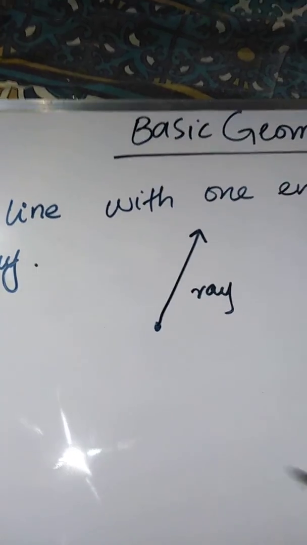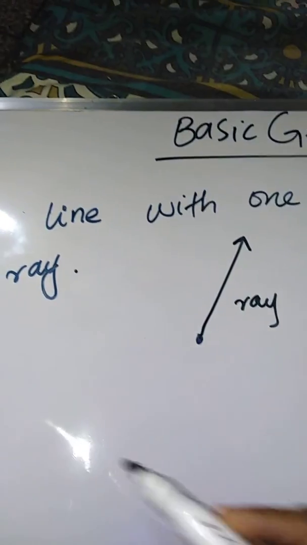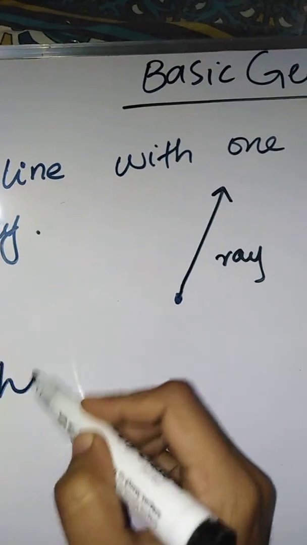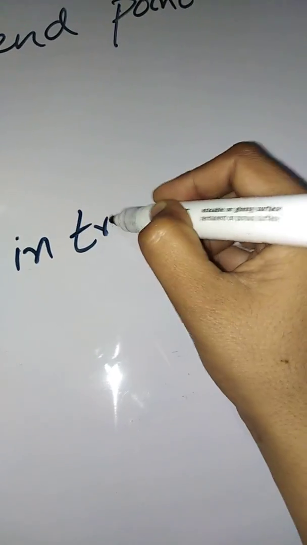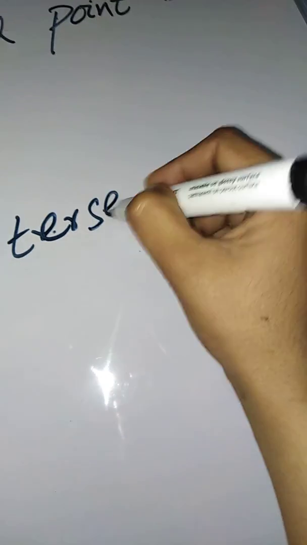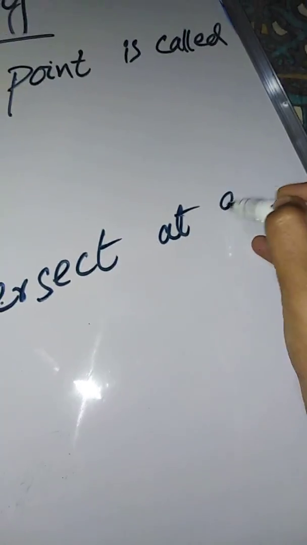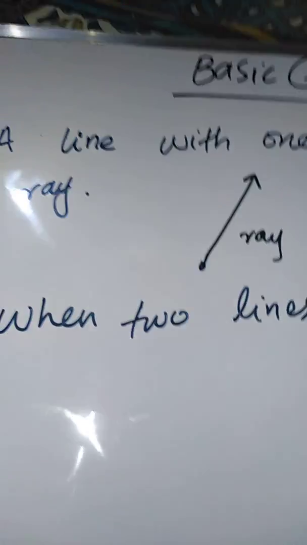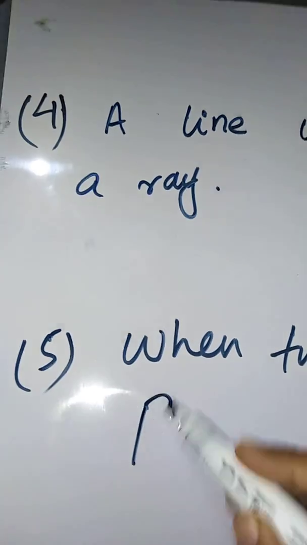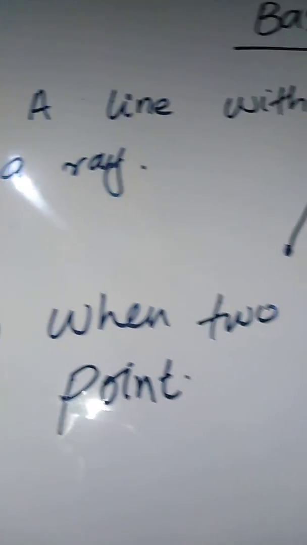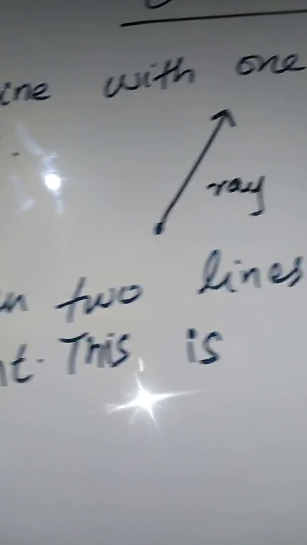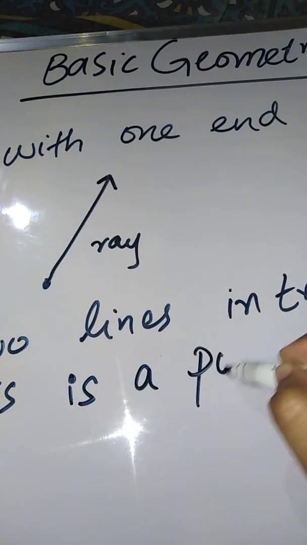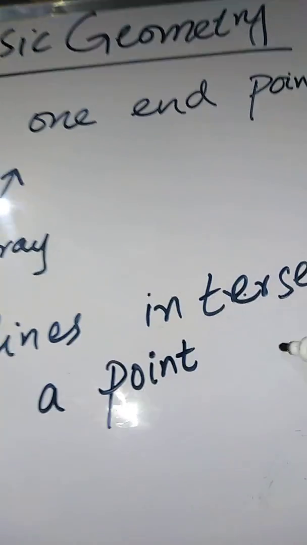You also have to remember that let's suppose we have two lines. When two lines intersect at a point, we say that this is a point of intersection.